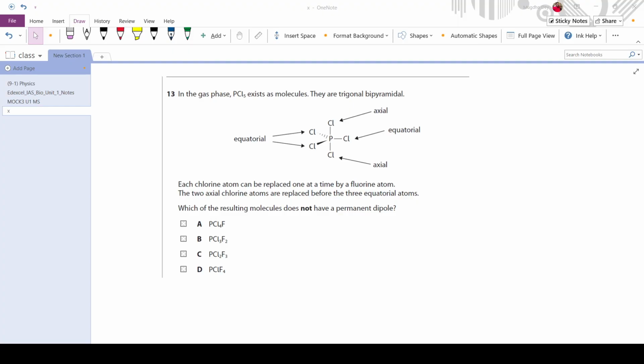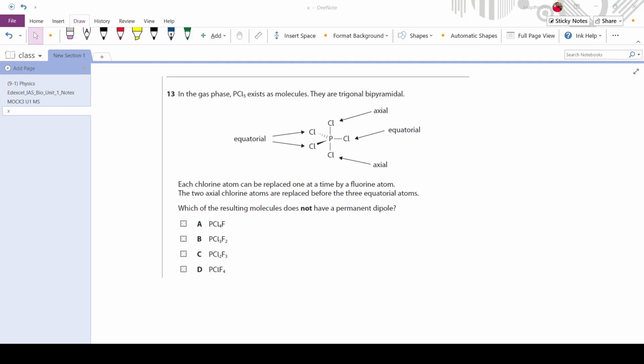Okay, first of all, we need to see one thing here. What do we know about permanent dipoles? If a molecule is not symmetrical, basically asymmetrical, then it must have a dipole. But if it's symmetrical, then it should not have a dipole.